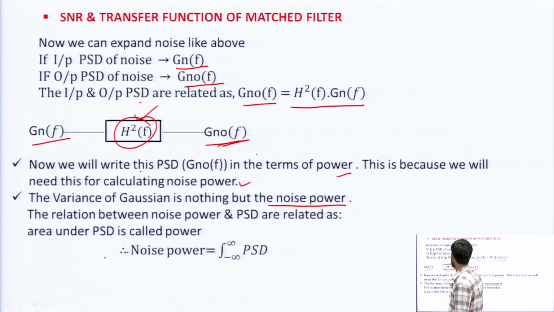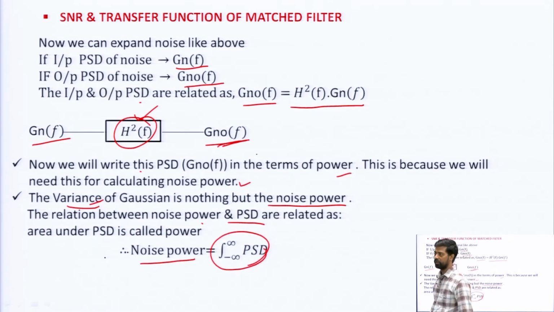So the noise power and the power spectral density are related as noise power equals the integration of power spectral density. Power spectral density is power distributed over some area, so if I want to find the exact power, I have to integrate, that is, calculate the power of these distributed areas.